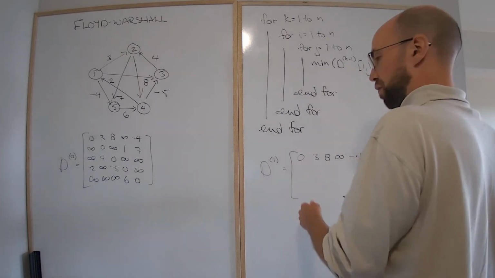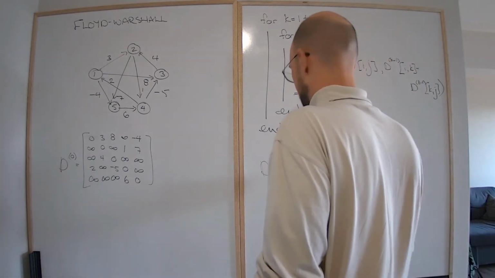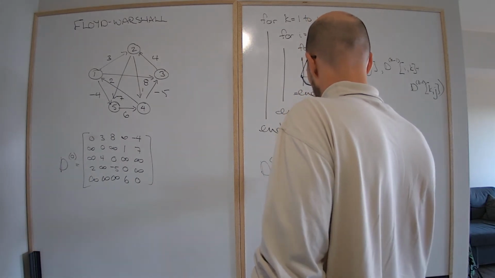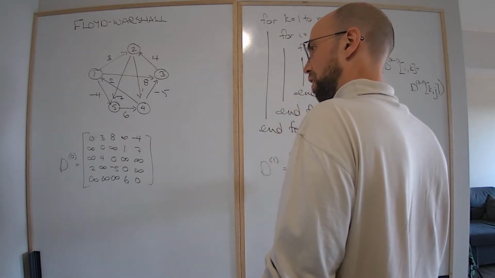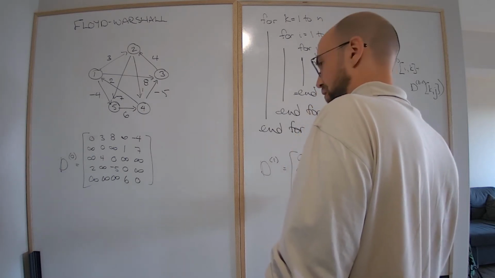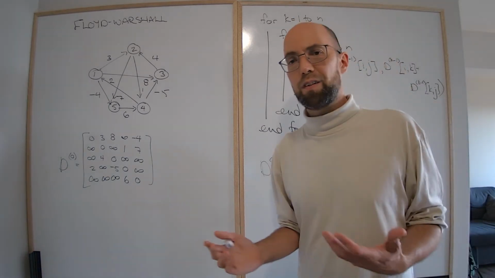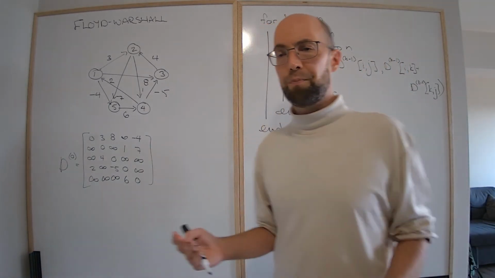And for the first column, the cost of going to 1 is not going to change, because you're not really allowing it to do anything different. It was going to go to 1 anyway.